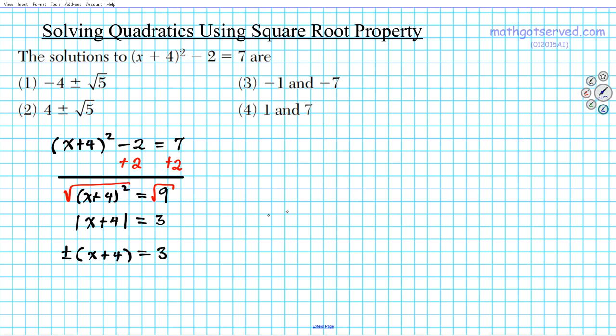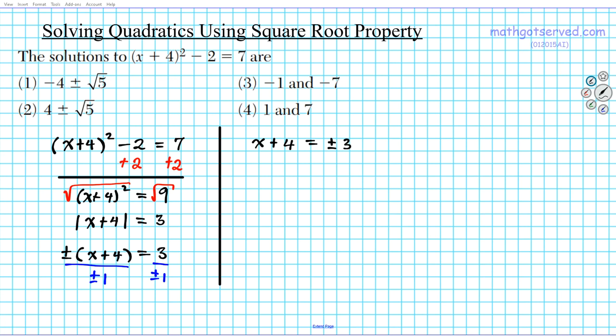To get rid of the plus or minus, we basically divide both sides of the equation by plus or minus 1. When we do that, it's going to yield x plus 4, the plus or minus goes to the other side. x plus 4 equals plus or minus 3.